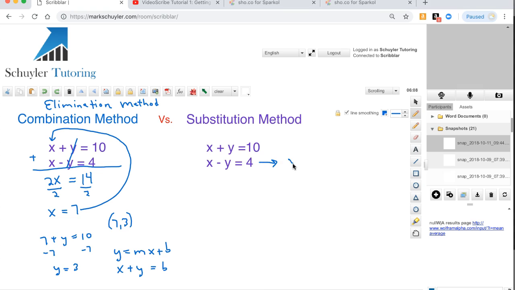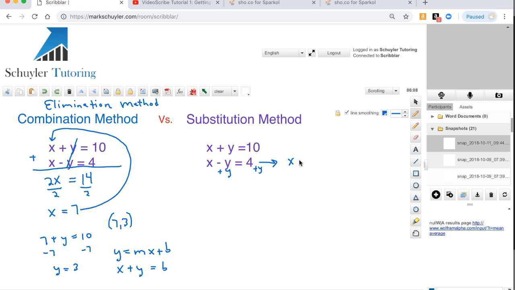I'm going to rewrite it so x is all by itself, which means I have to move the y to the other side. To do that, to move the y to the other side, I would have to add it, right? Because it's a negative y. So I have to add y, which means it better also be added over here.